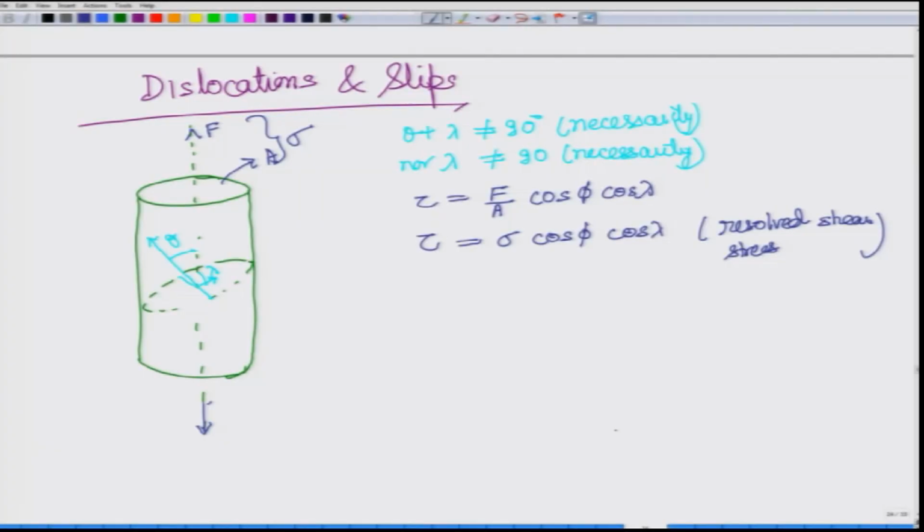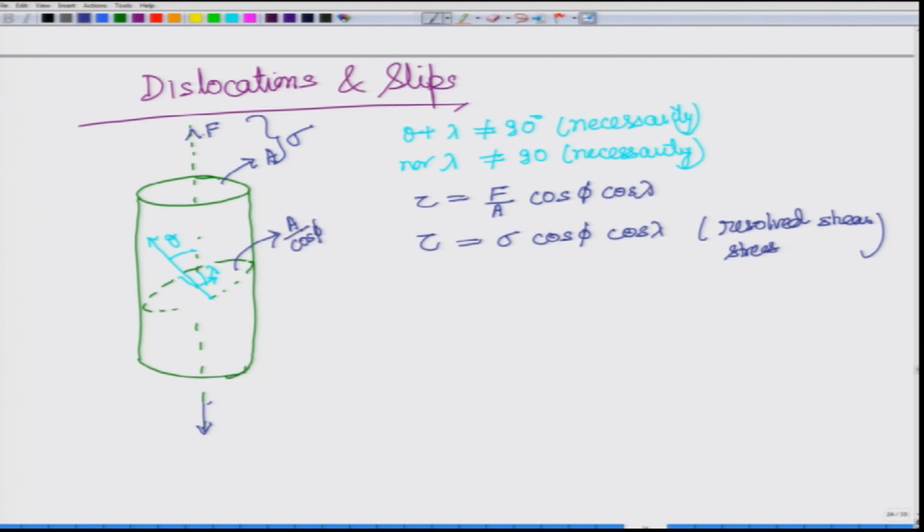Okay, so coming back to our dislocation and slips, we are talking about resolved shear stress. Over here, as we indicated in the previous class, this denotes the normal to this plane whose area is A, therefore this area will become A by cos phi.